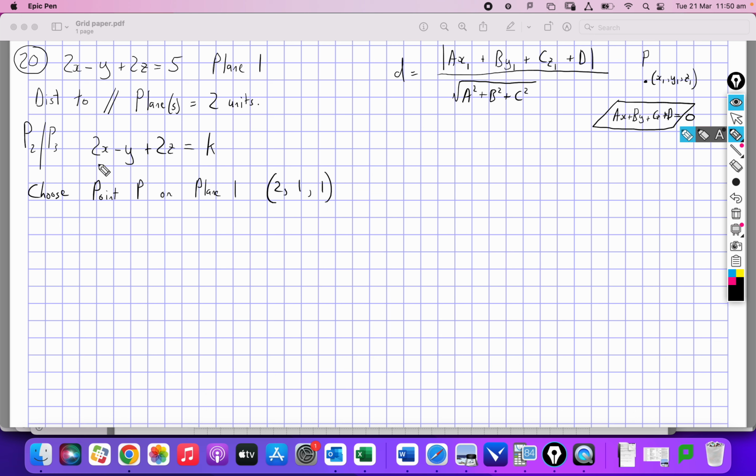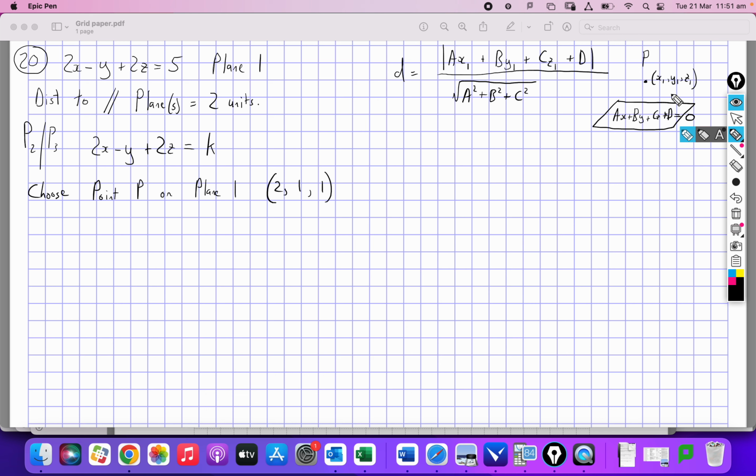Now, in terms of using this formula, we're getting our normal from the second plane, we're getting our d from the second plane, we're getting our x1, y1 and z1 from the first plane, right?